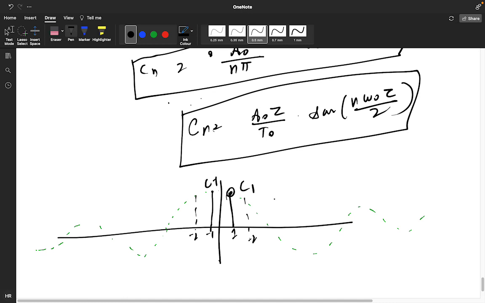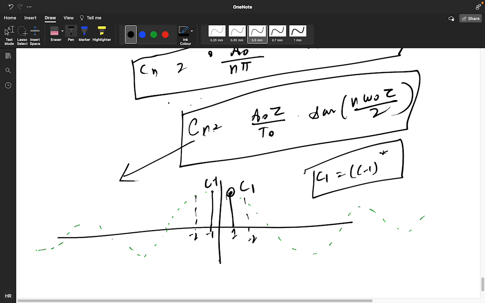So C of 1 and C of -1, if you are getting like this, with the same magnitude, then C of 1 is C of -1 conjugate. Okay, so this result is this Cn. Because of this Cn, you can say that x of t is your real signal, by plotting this graph.